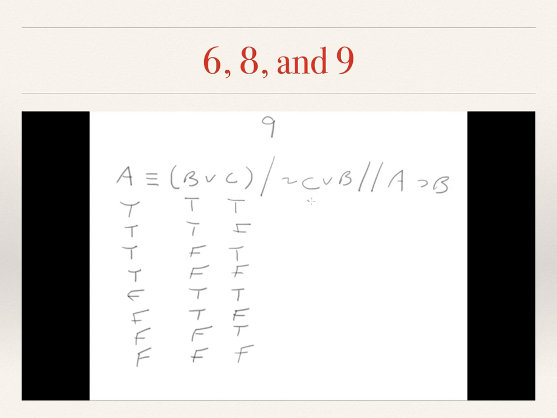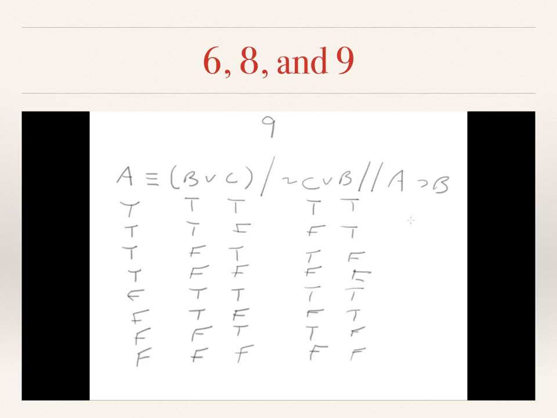We have C, so that's T, F, T, F, T, F, T, F. And B: T, T, F, F, T, T, F, F.